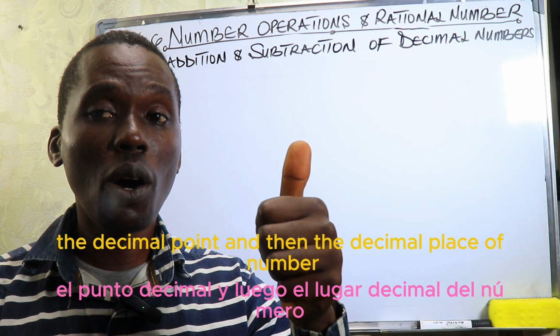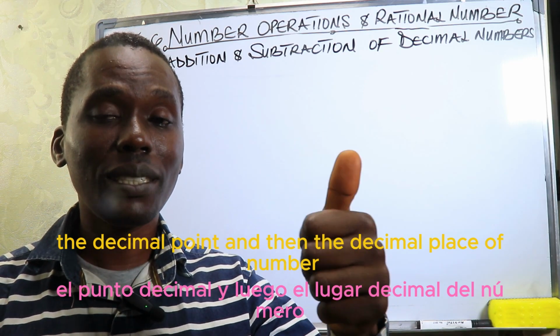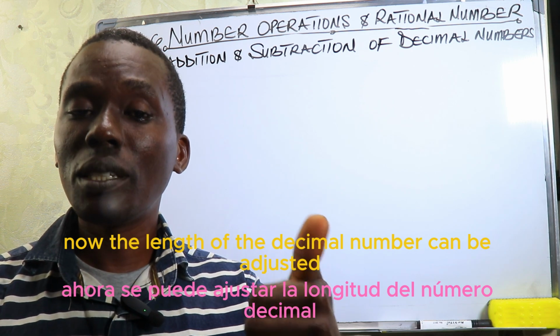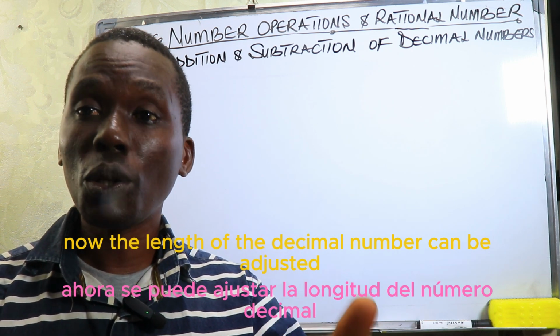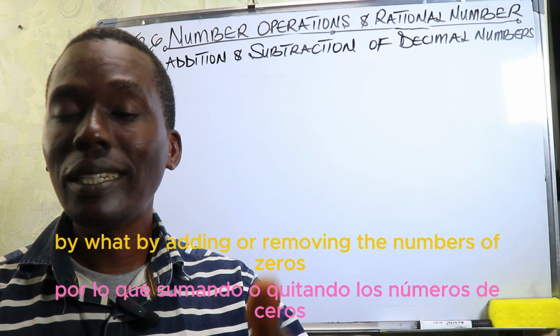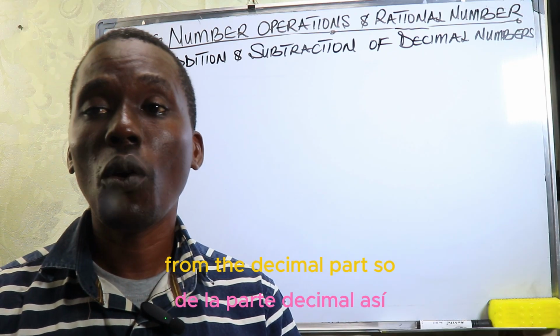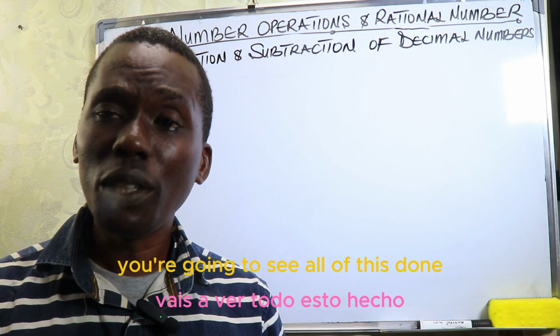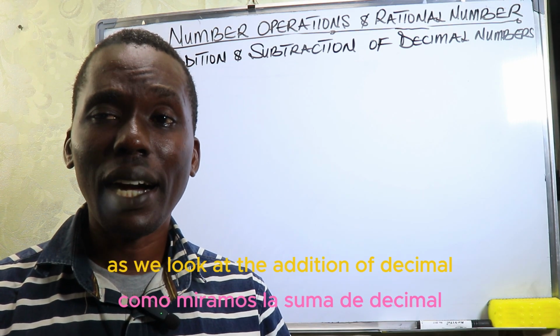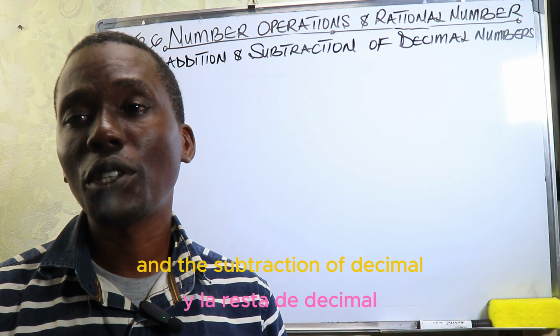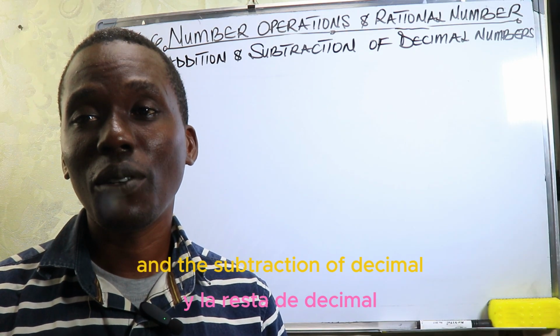One, the decimal point, and then the decimal place of number. Now, the length of the decimal number can be adjusted by adding or removing zeros from the decimal part. So, you're going to see all of these done as we look at the addition of decimals and the subtraction of decimals.